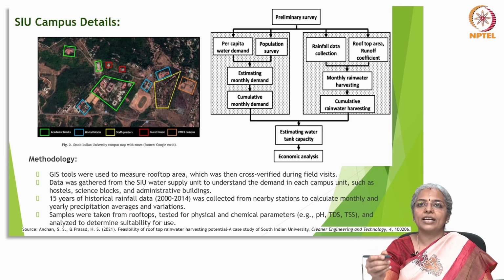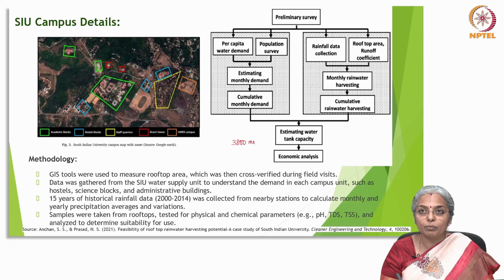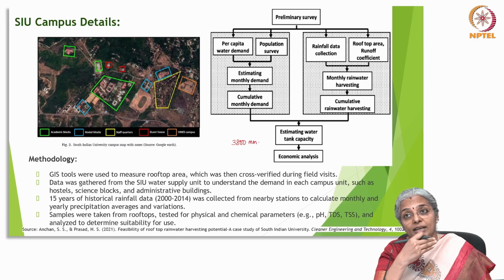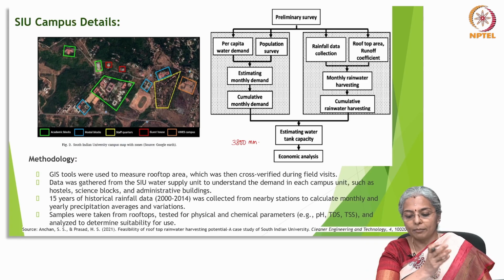The average annual rainfall is about 3,800 millimeters, which is quite good considering that it is 350 acres. So, this area experiences moderate to heavy rainfall from say May to October.